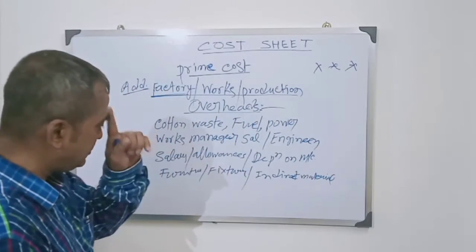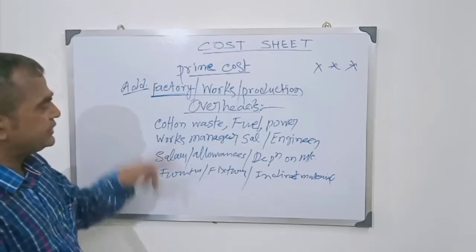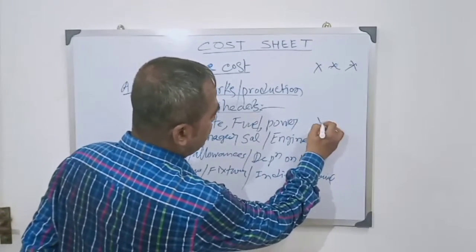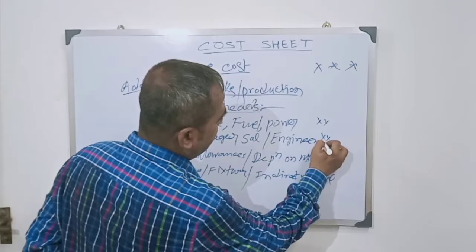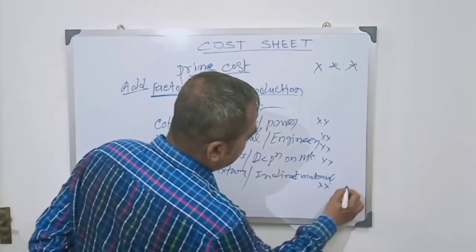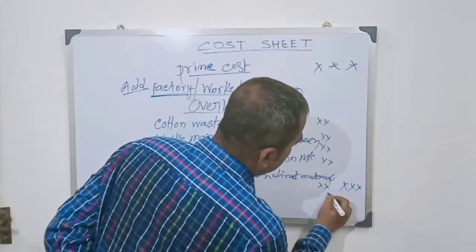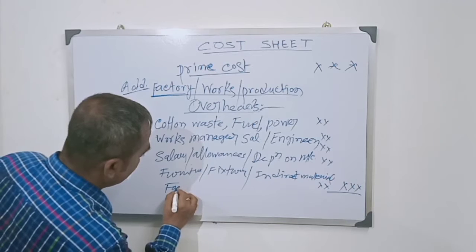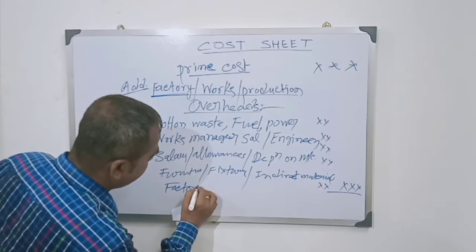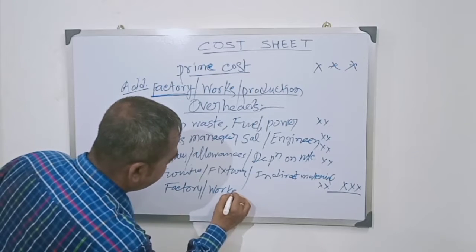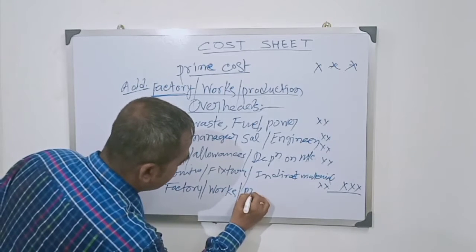All to be accumulated under factory overhead, and after the accumulation of all overhead, we get the total factory overheads, and then if we add these factory overheads, we get the factory cost, or works cost, or production cost.